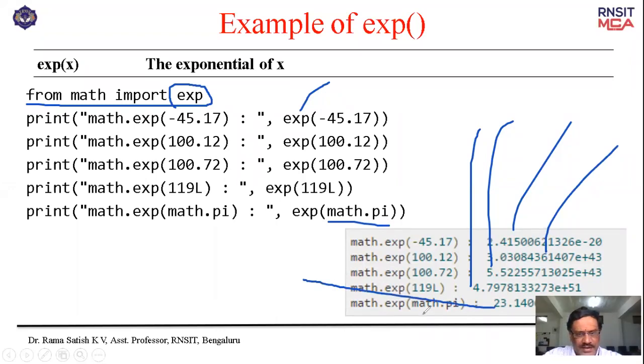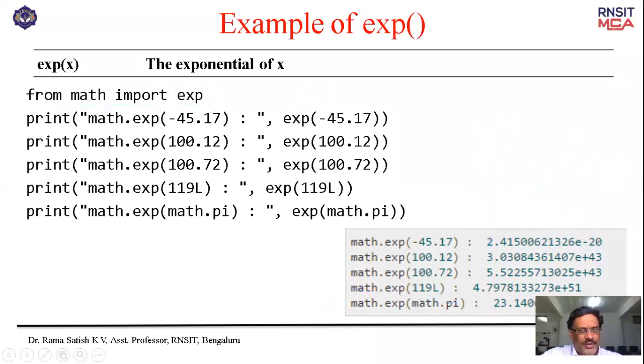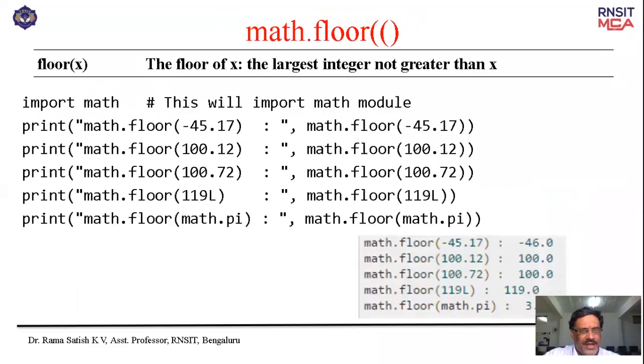Next, I have already spoken about floor. Math.floor is going to come next. Look at here. As I have said, it will take the floor value. The difference between ceil and floor is that ceil always takes to the next integer, and floor will take to the lowest integer.